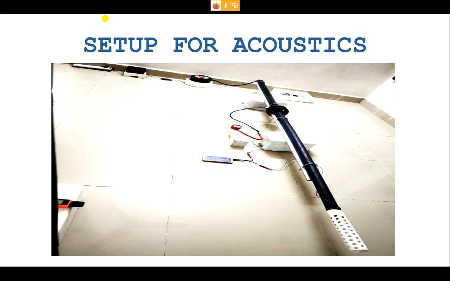On the extreme left side there is a noise level meter placed. The shock tube is connected with this particular silencer, and opposite to the silencer, at the open end of the shock tube, the window is kept open, and the experiments were performed during a time when the ambient noise level is low.